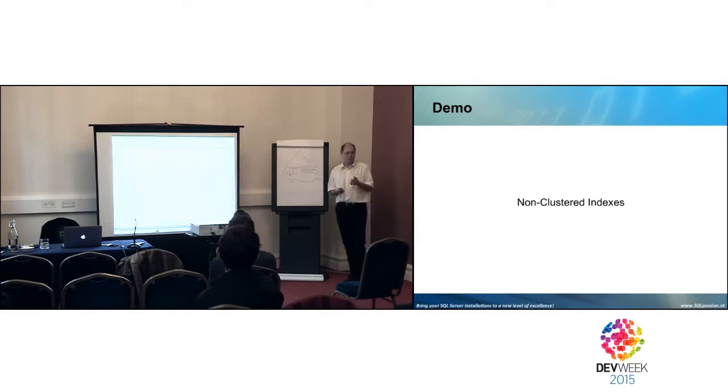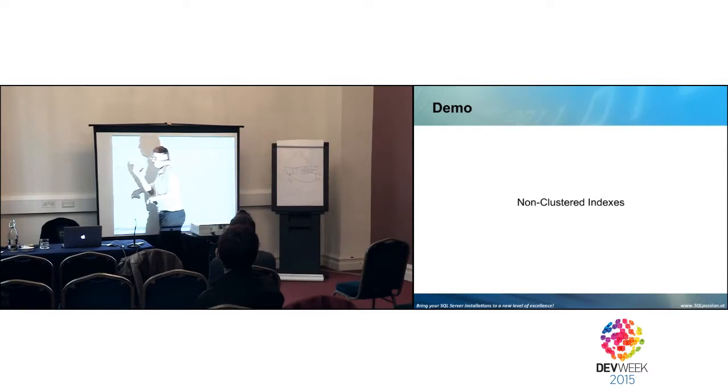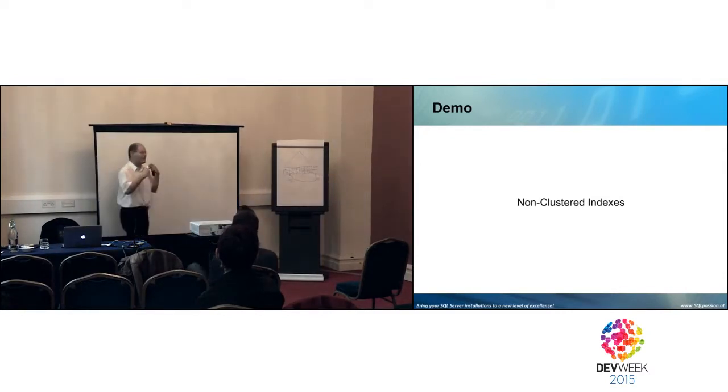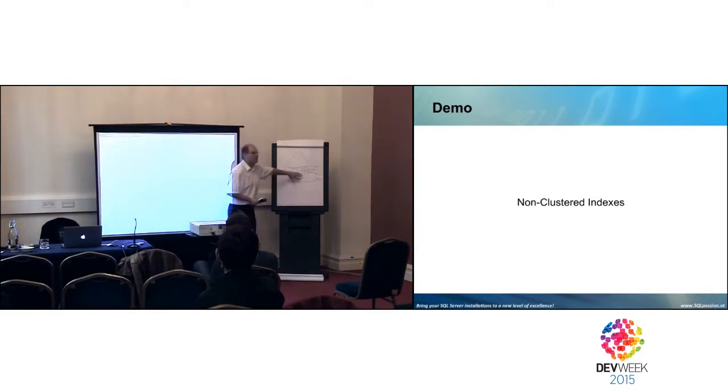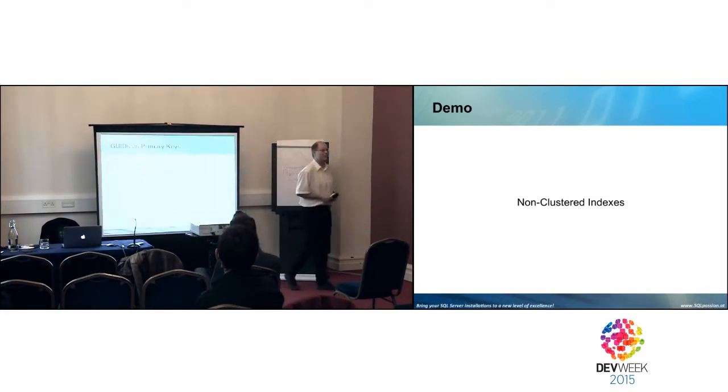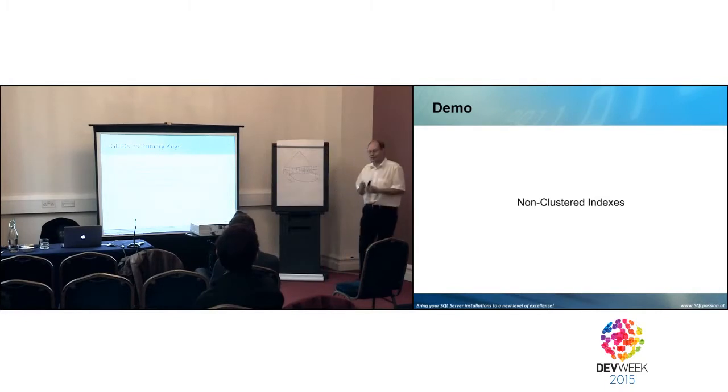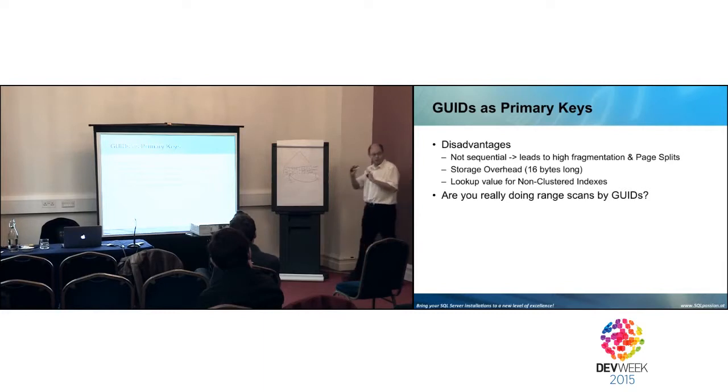That's the first problem. When you use a unique identifier value as your clustered key value, you have an index fragmentation of nearly 100%, 99%, which means the logical sorting order of those pages and the physical sorting order of those pages is not the same anymore.